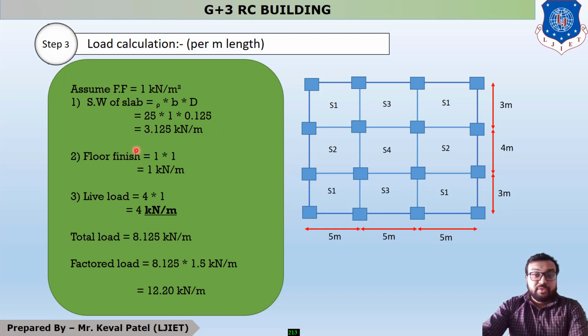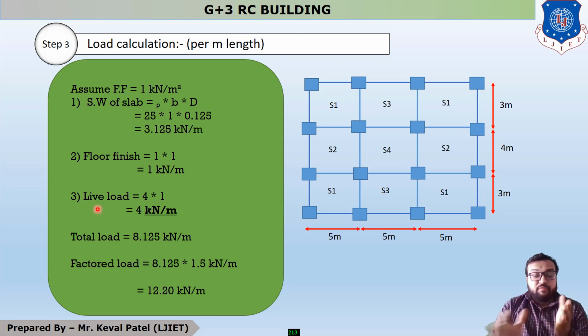Our second dead load is floor finish. Now, your floor finish is given as 1 kilonewton per meter square, but we have to find all the forces per meter length. So your 1 into 1, this one is for per meter length. So your answer of floor finish is 1 kilonewton per meter, and your live load is given in the question as 4 kilonewton per meter square.